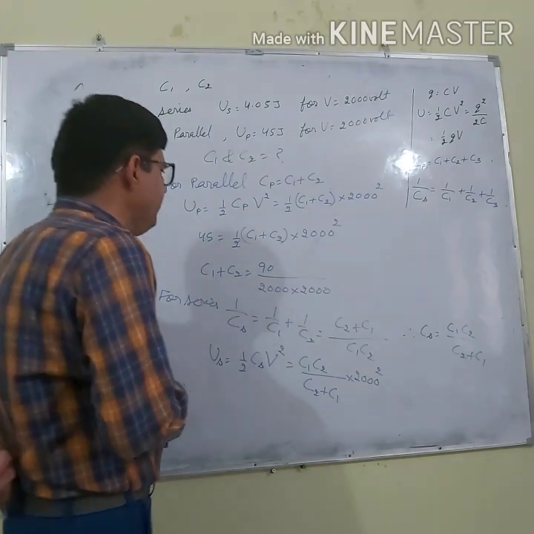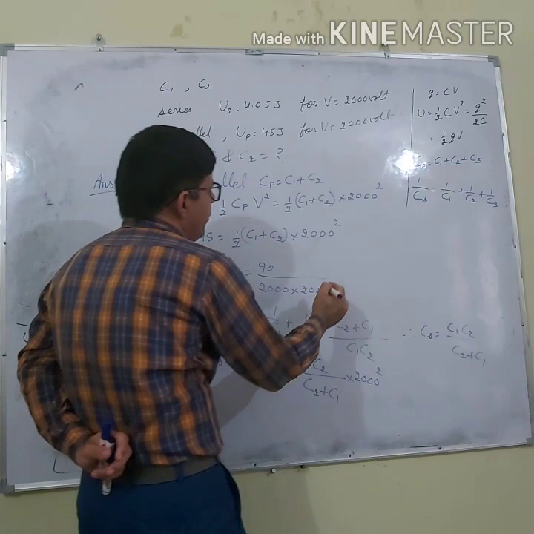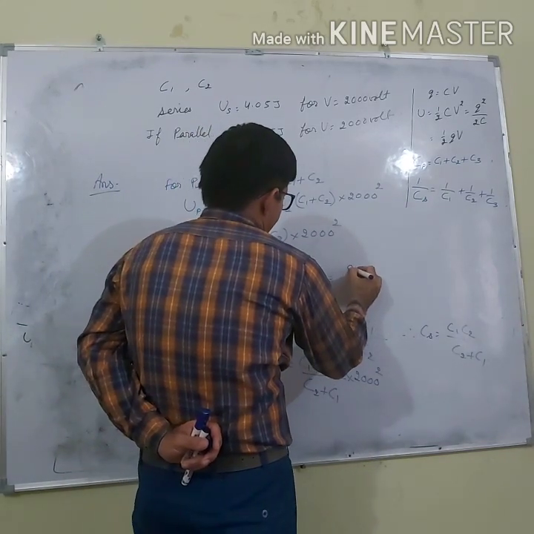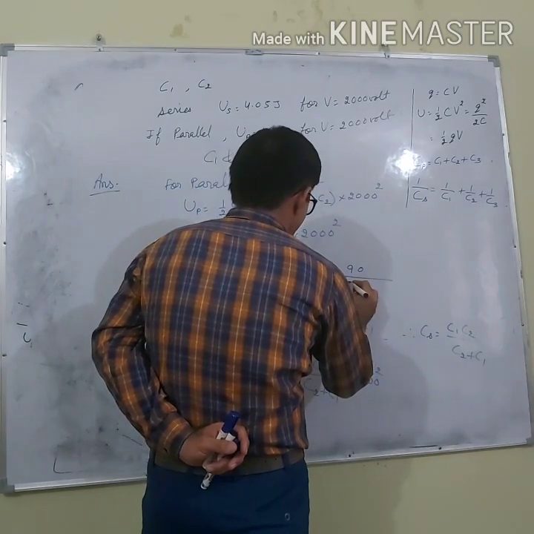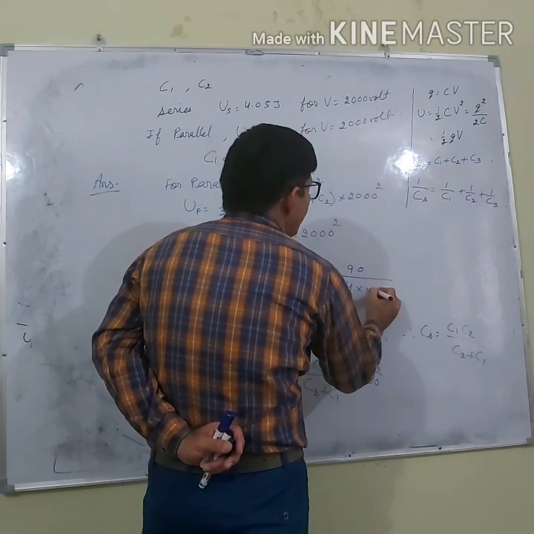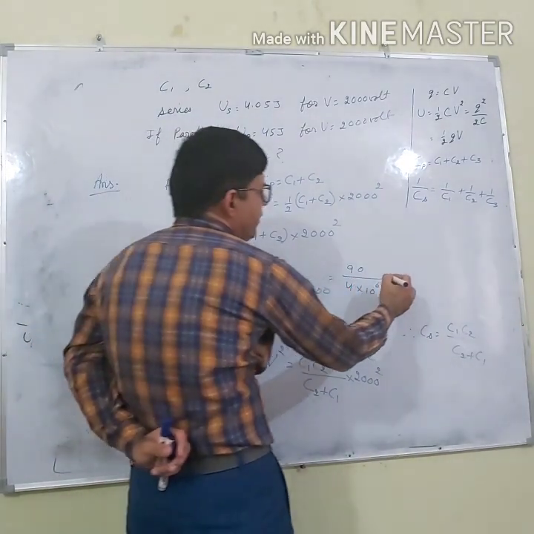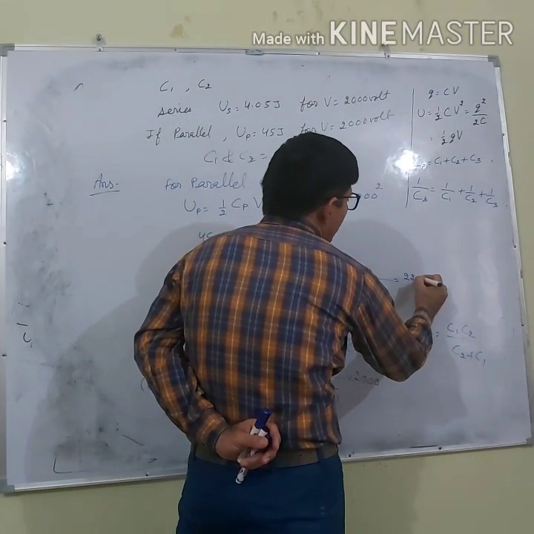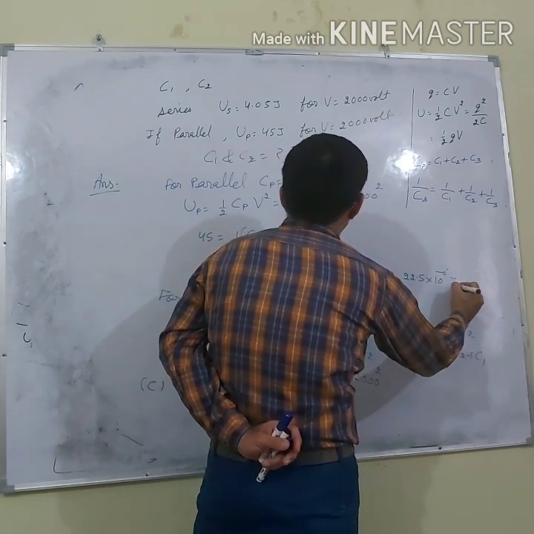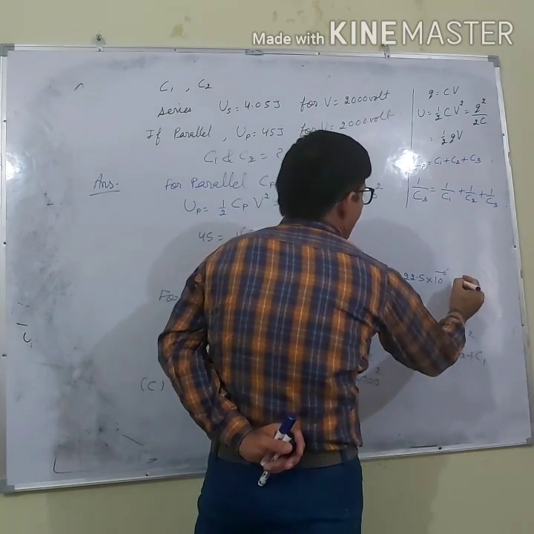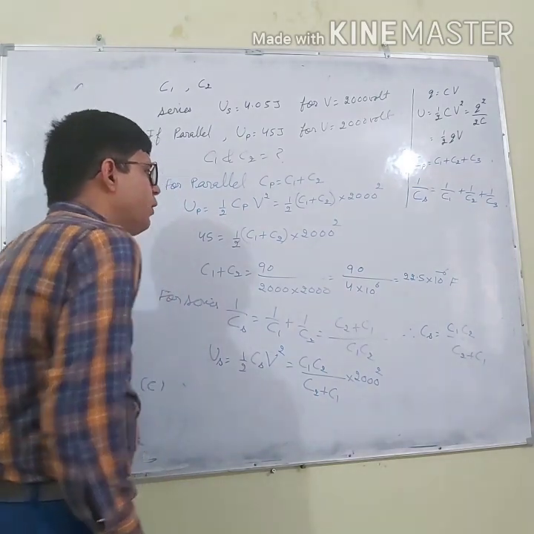Look, 90 divided by 2000 by 2000, 90 divided by 4 into 10 to the power 6. If I solve this, it is 22.5 into 10 to the power minus 6 farad. That is 22.5 microfarad.